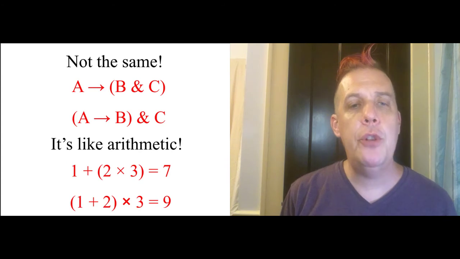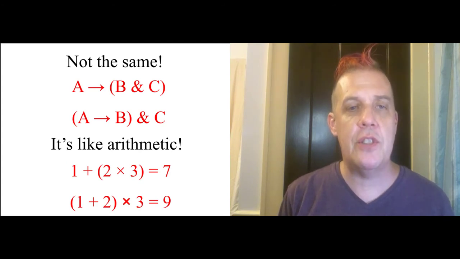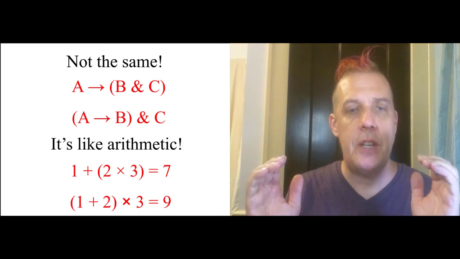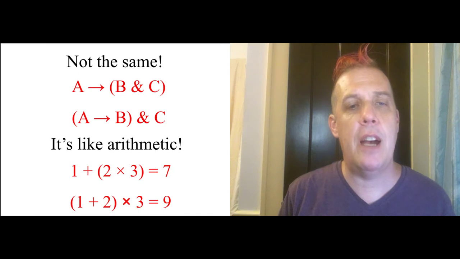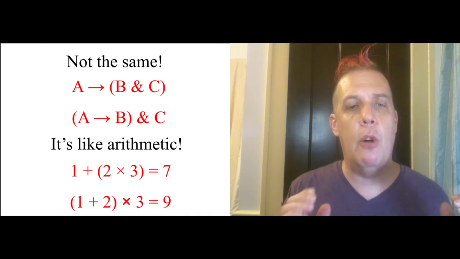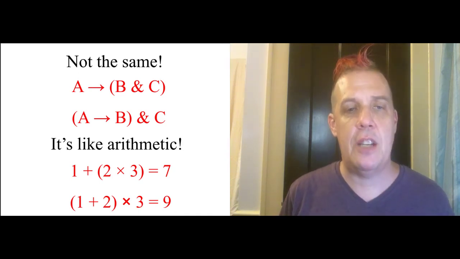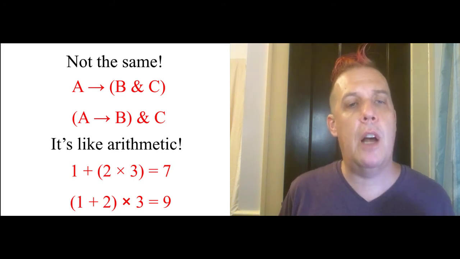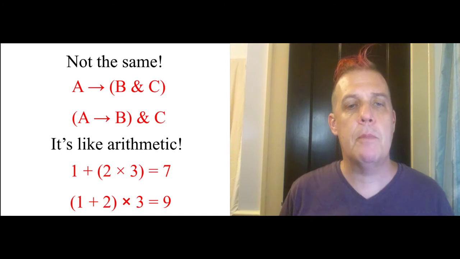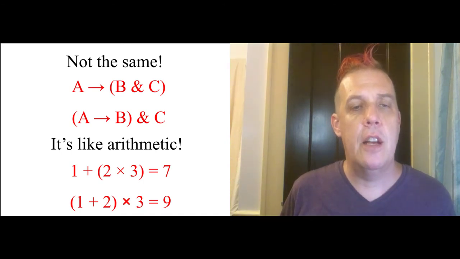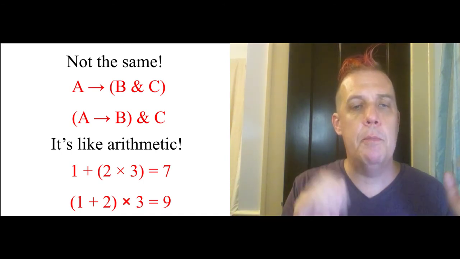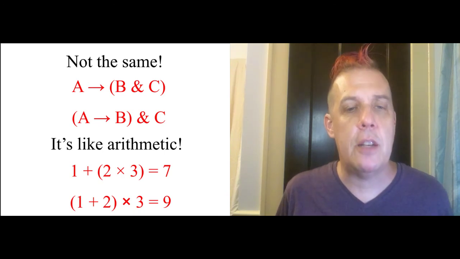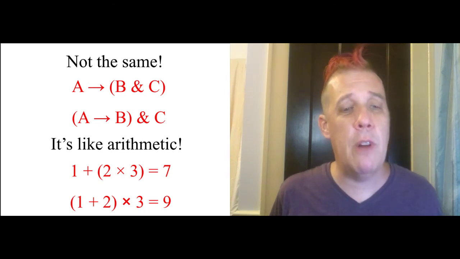So how you place the parentheses is a big deal. A arrow (B and C) is not the same as (A arrow B) and C. In order to read that more properly, A implies (B and C) is different than (A implies B) and C. It works just like arithmetic.